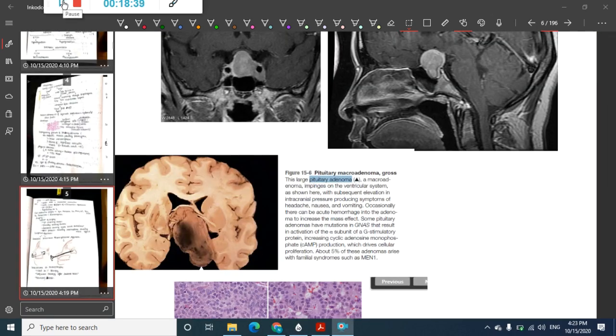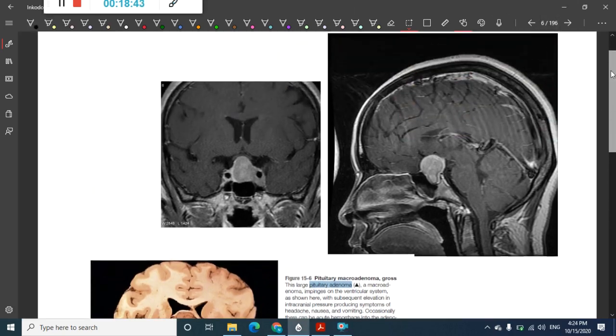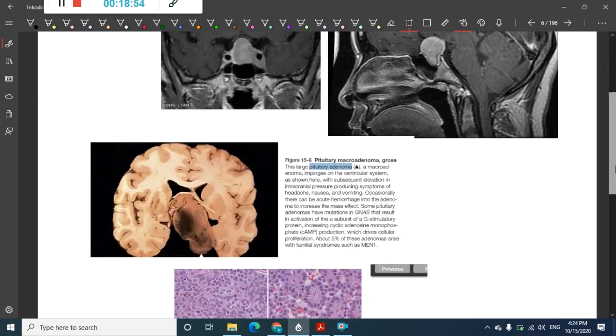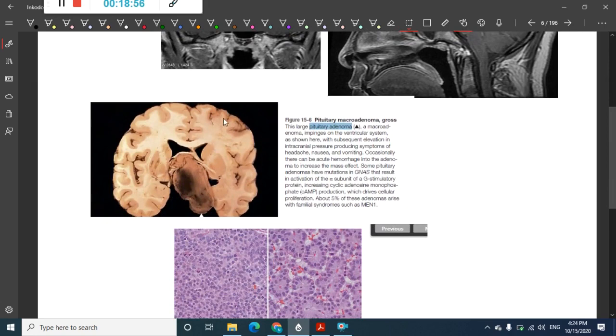So these are the pictures showing the pituitary adenoma. In this picture, you can see the figure of 8 appearance. This is the coronal view, this is the sagittal view. In both of these you can see the figure of 8 appearance. Here is the gross appearance of pituitary adenoma, a macroadenoma, where you can even see ventricular distortion.